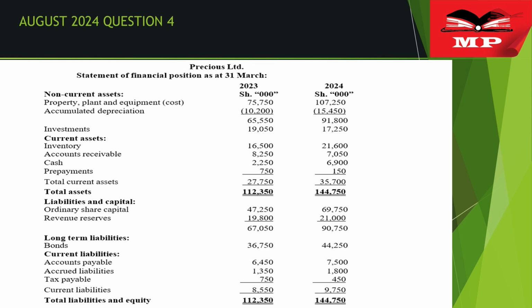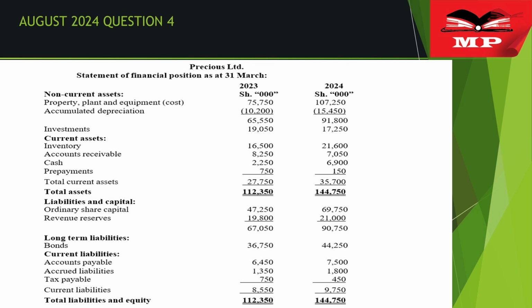In 2023, inventories amounted to 16,500. In 2024, the amount is 21,600. Is that an increase or a decrease?